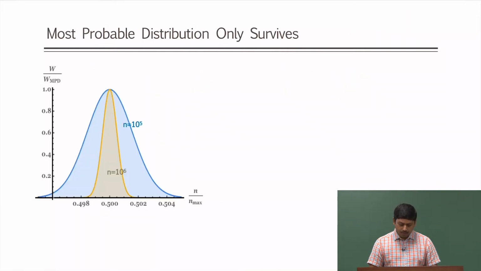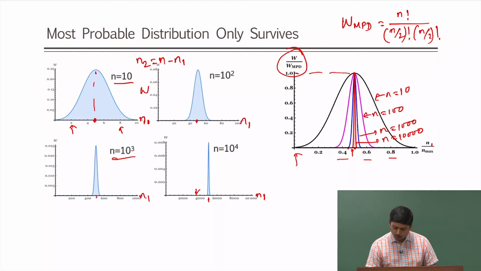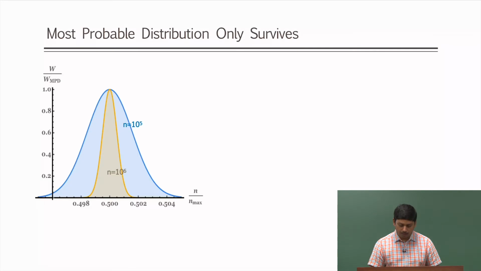Now, I have zoomed in further. Earlier you see I was plotting from 0 to 1. Now, I am only plotting in this region, for a larger number of particles. So, I have plotted from let us say 0.498 to 0.5.